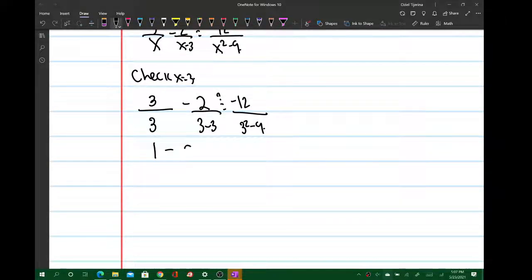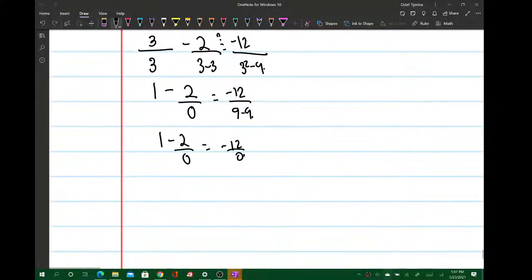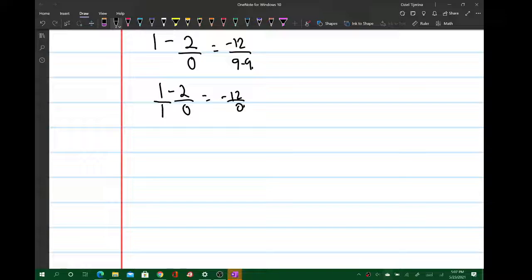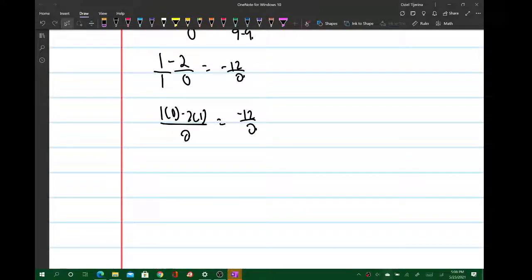1 minus 2 over 0 equals negative 12 over 9 minus 9. This is 1 minus 2 over 0 equals negative 12 over 0. So how would I make that a true statement?